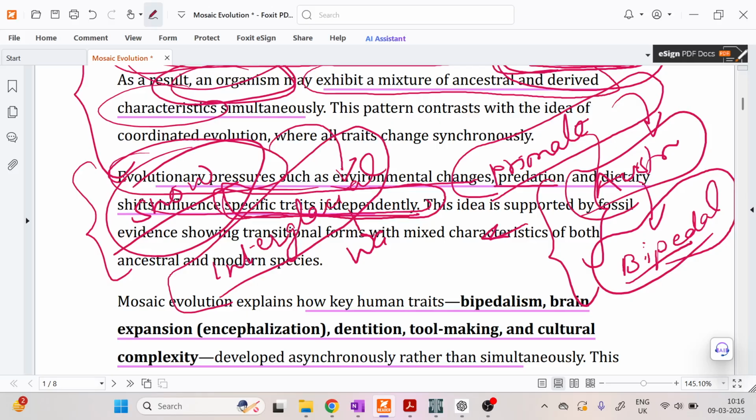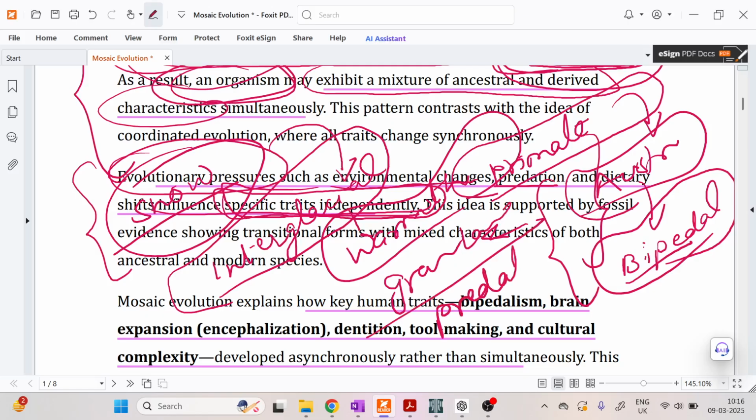Because of this warmth, the snow melted, and then there were large grasslands, and then predation was also there. Australopithecus survived in the intermediate period from glacial to interglacial.